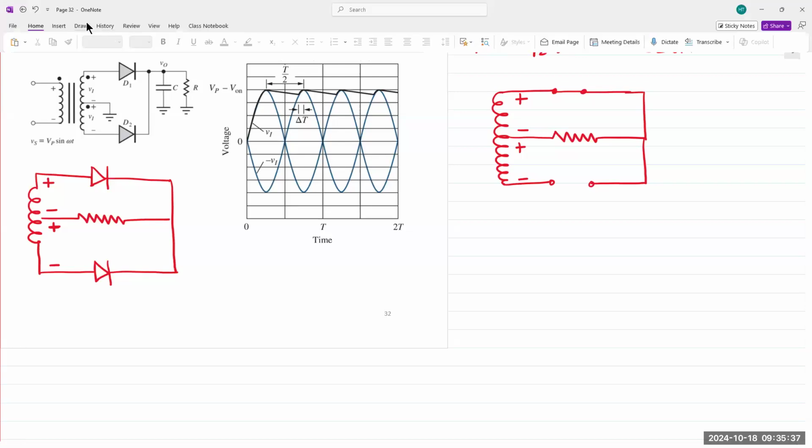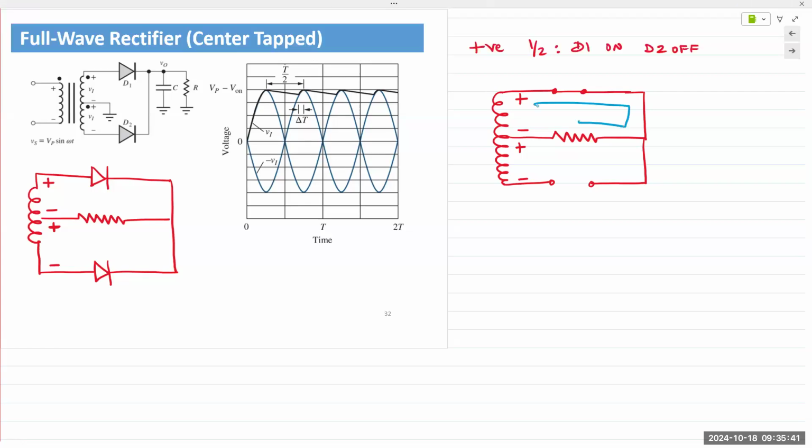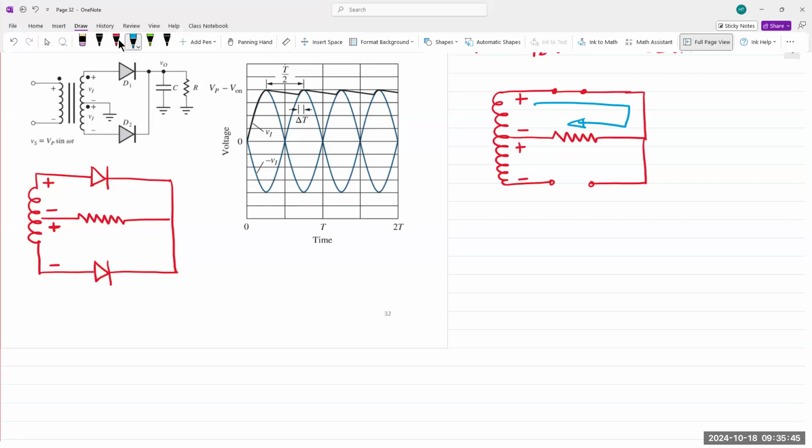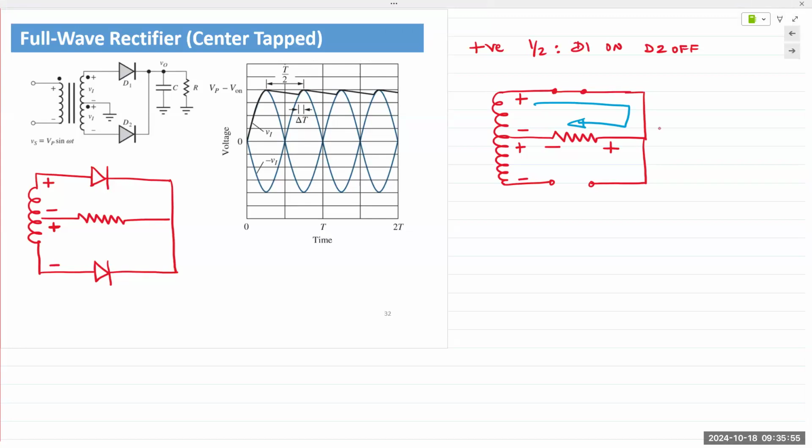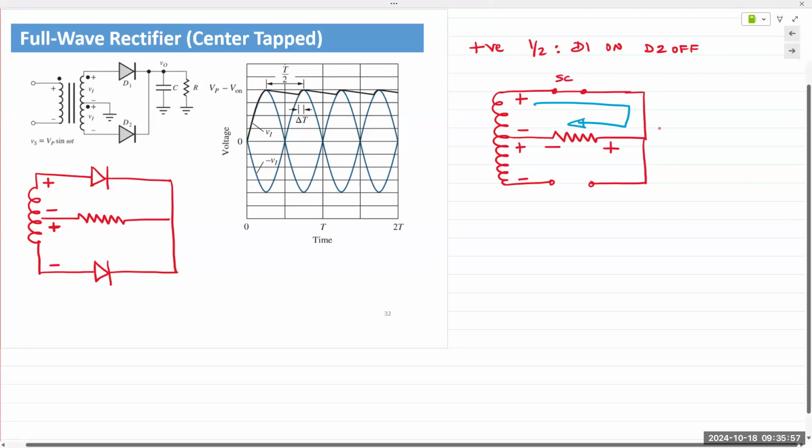And the current actually flows in this direction, causing a voltage drop across the resistor. Point of entry is always plus, so plus on the right, minus on the left. So D1 on is replaced with a short circuit, D2 off, open circuit.